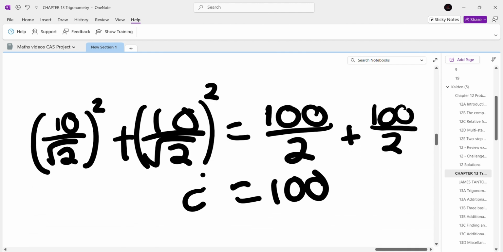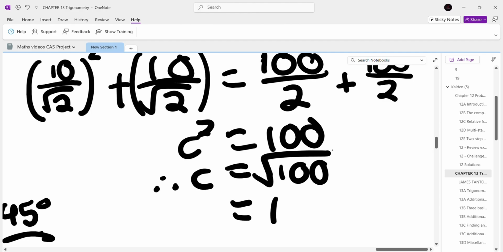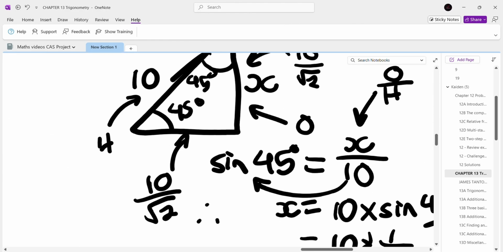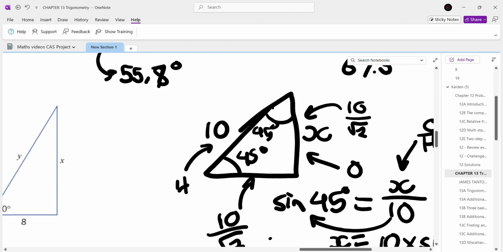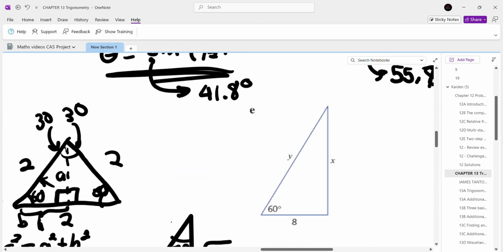Then our hypotenuse is the square root of this, which is 10, which is what we found here. So we've verified that this is the correct value.